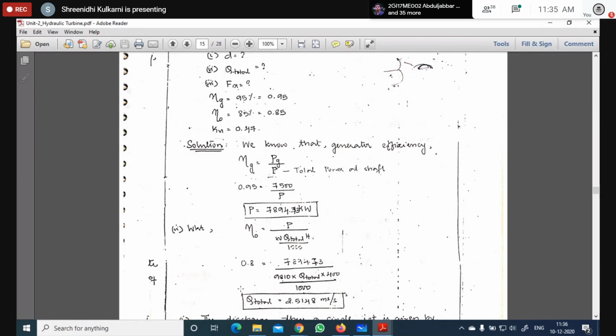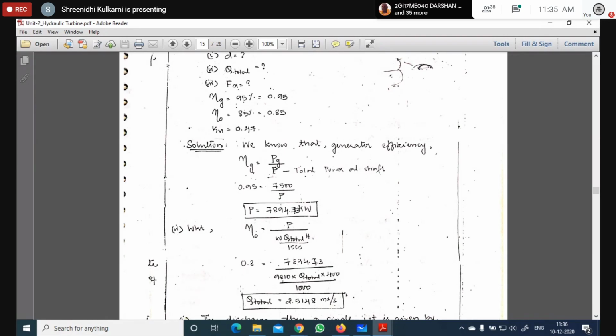Okay, so next, take down the overall efficiency. The overall efficiency is given by P divided by WQH. We already know the overall efficiency is 80%, and we know the total power at the shaft.